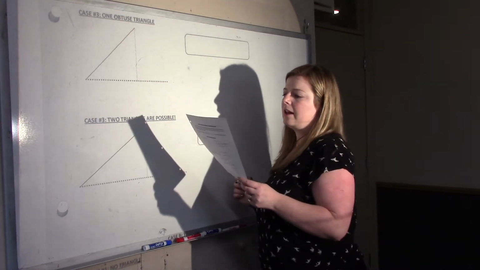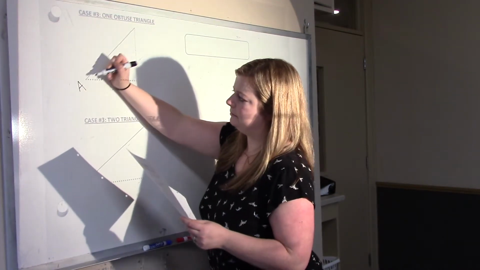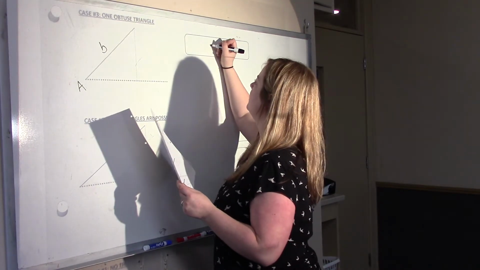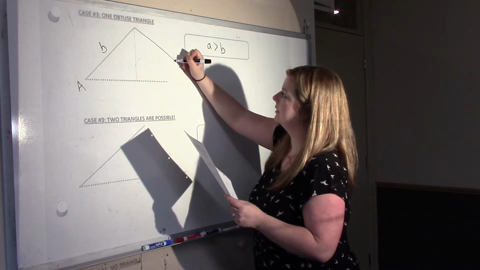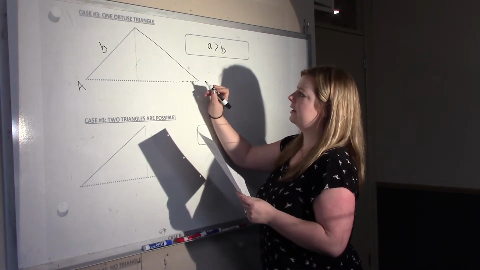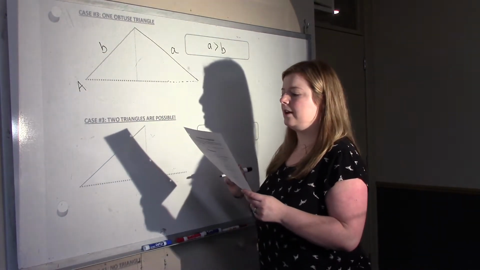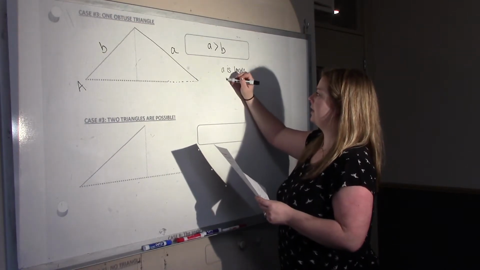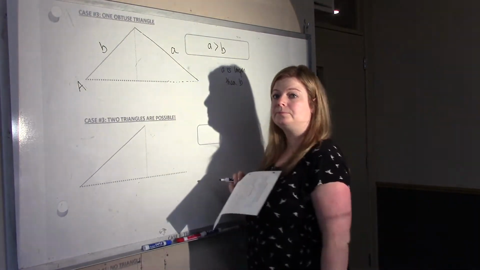An obtuse triangle occurs if you're given that angle A, you're given the side length B, and your A is greater than B. So the side length A is long, and it's longer than this B, then that will just create one obtuse triangle. A is longer than B, and that creates an obtuse triangle because this angle then is obtuse.